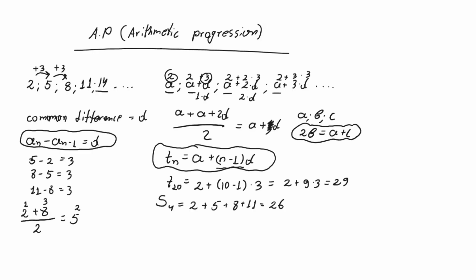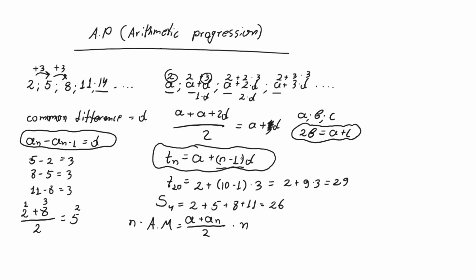So we need to create another formula again. In arithmetic progression, the average mean is very easy to find, and it's the first term plus the last term over 2. And if you multiply both sides by n, it would be the sum of the n terms in the sequence.